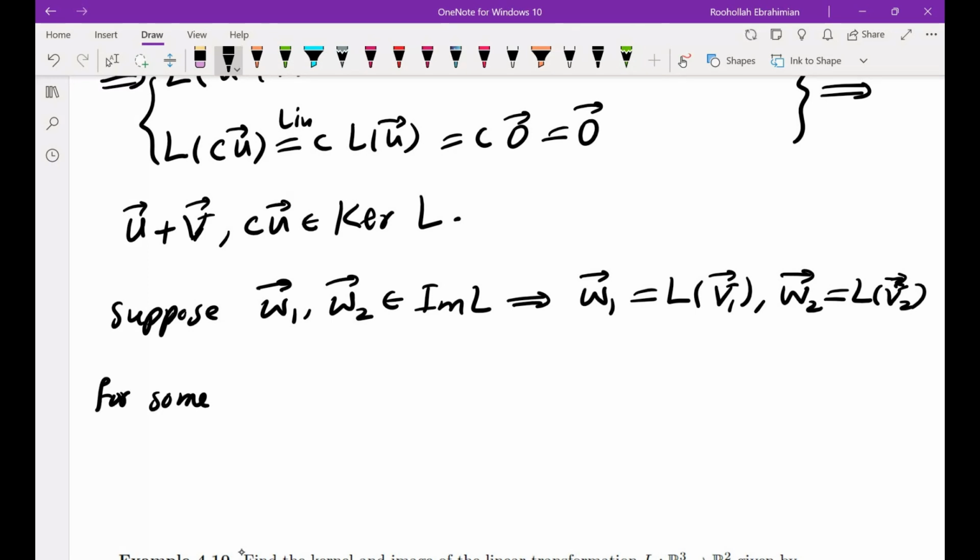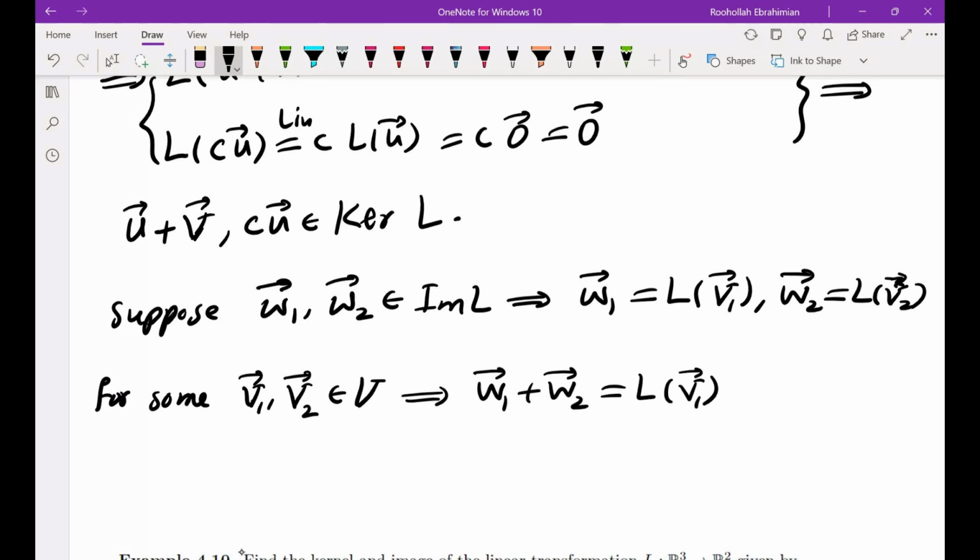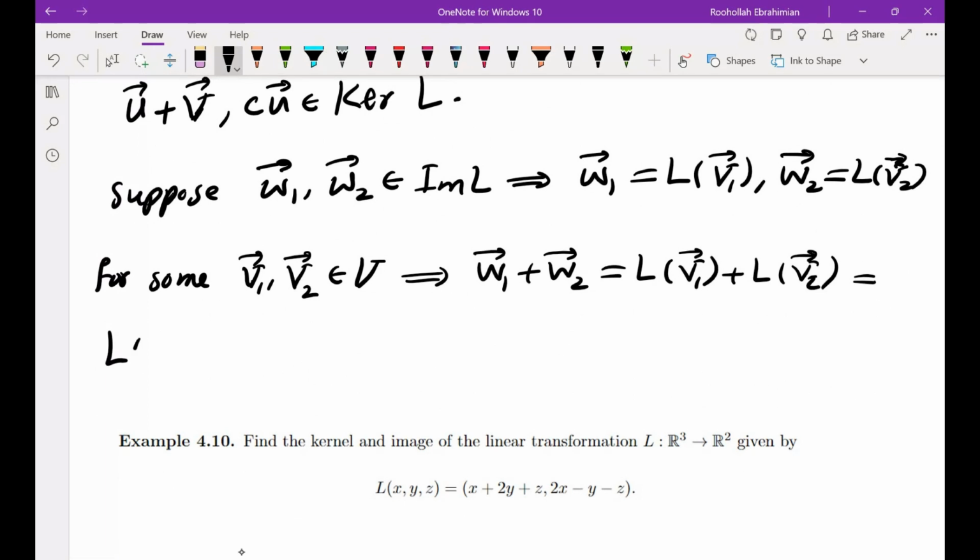That's by definition of image. And what does that mean? It means if I add them, W1 plus W2, I will get L of V1 plus L of V2, which is L of V1 plus V2, by additivity.